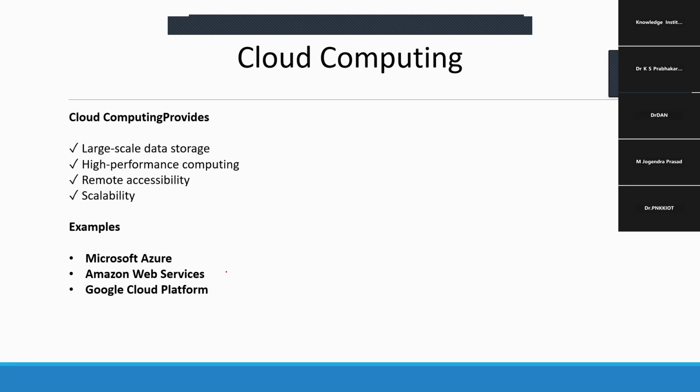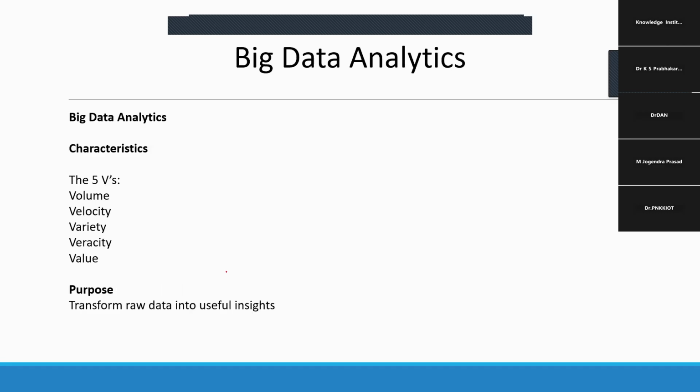Some of the examples are shown here. Next is big data analytics. Big data is characterized by five V's: volume, velocity, variety, veracity, and value.